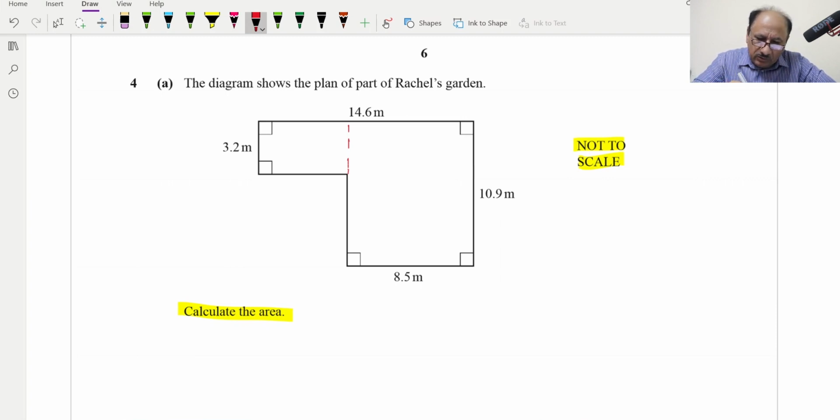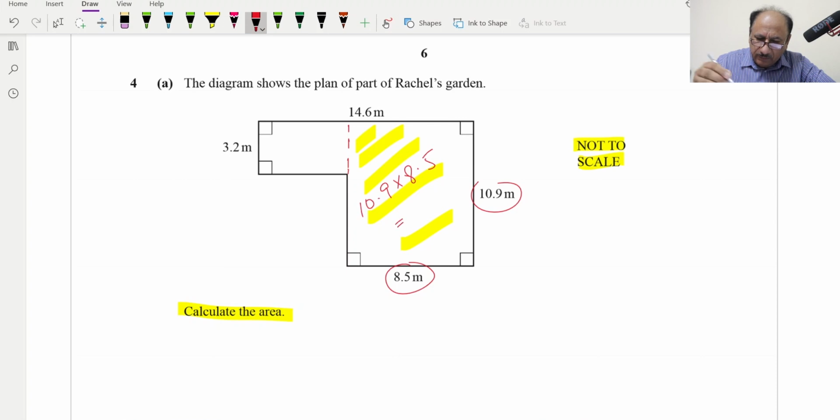So this one, the area of this shape we can calculate as 10.9 multiplied by 8.5. So we can write here 10.9 multiplied by 8.5.